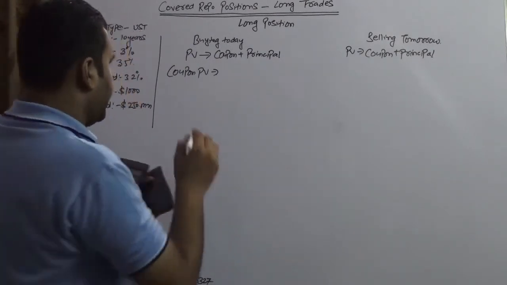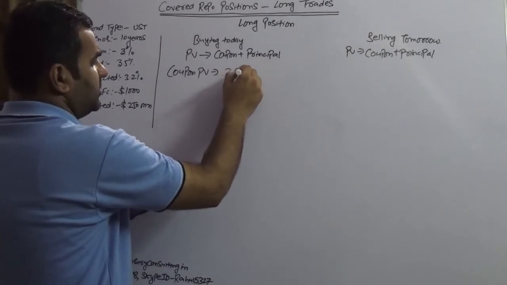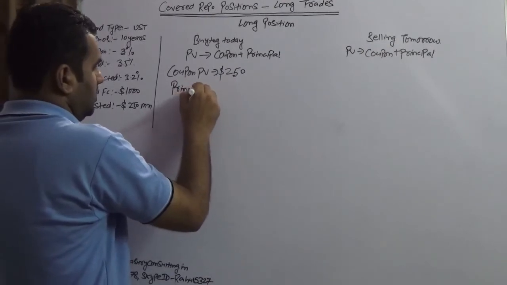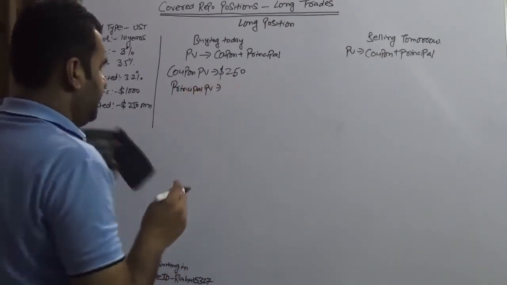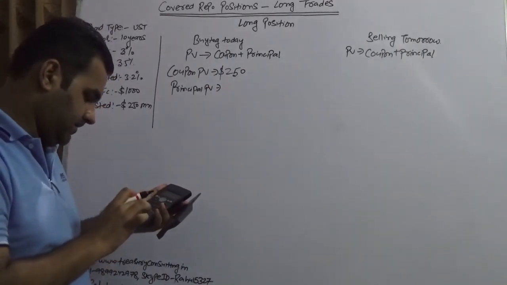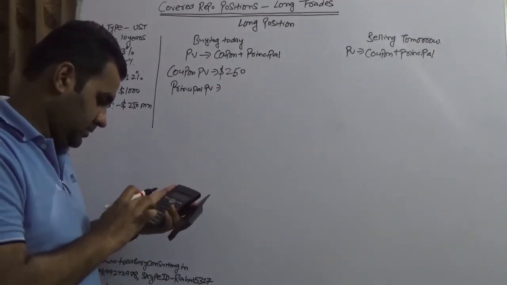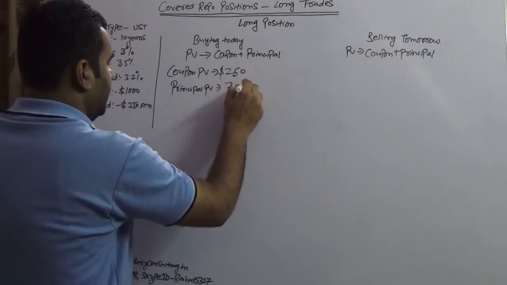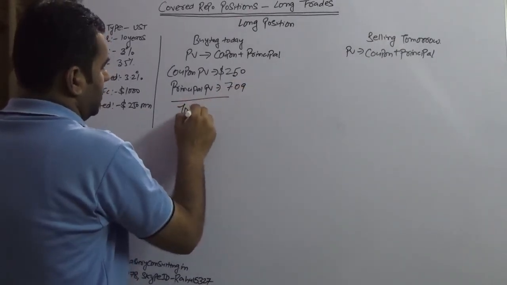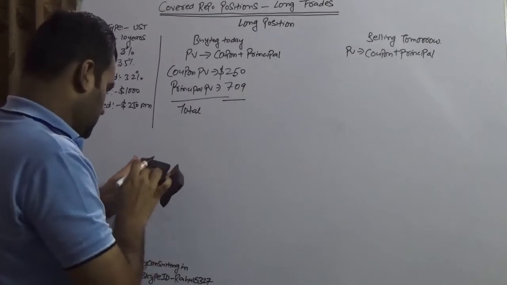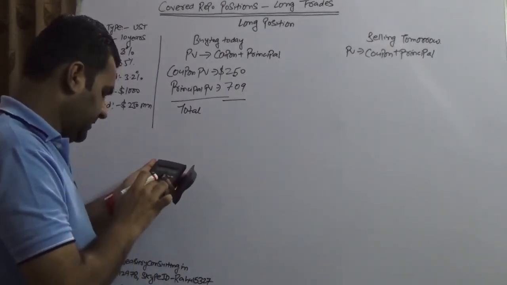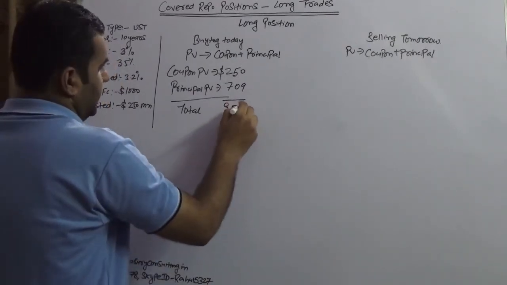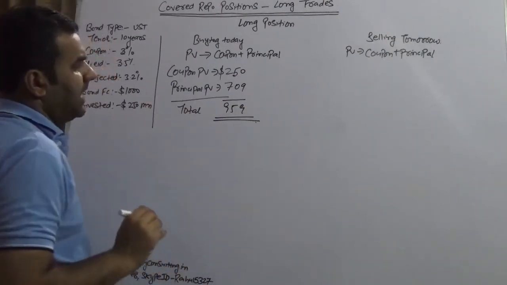It's roughly 249.49, so I'm assuming this to be $250. The principal present value would be approximately 709. So the total would be 250 plus 709, which is 959. That is the current present value.